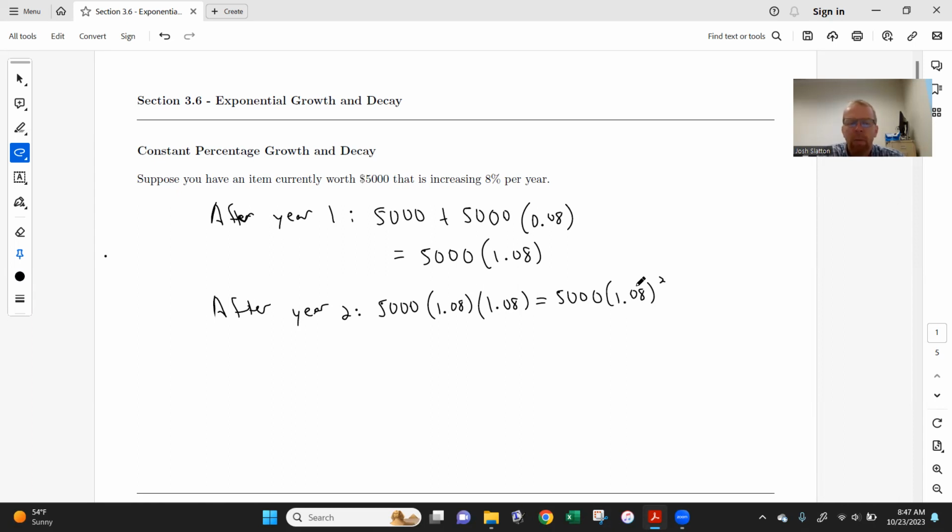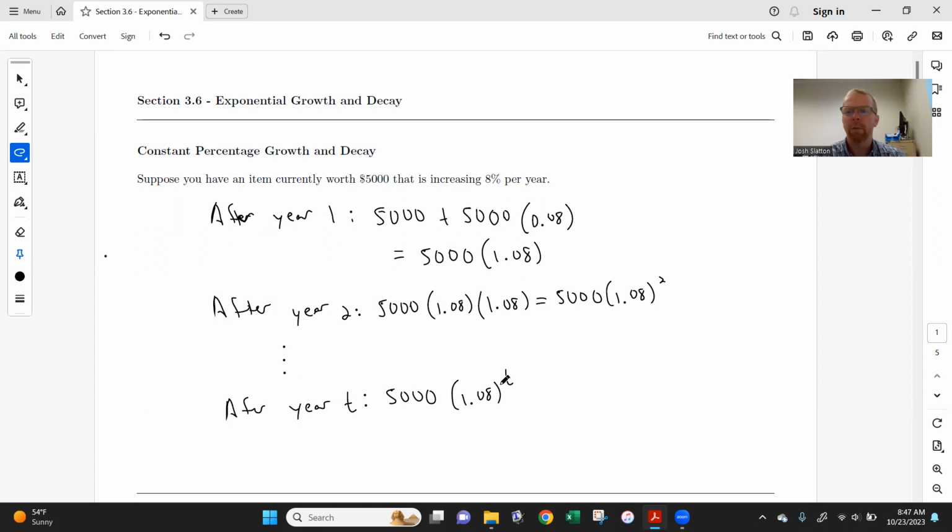If we did it again, after year three, it would be 5,000 times 1.08 to the third. And whatever year we're in, we just continue the process. After year t, the item is worth 5,000 times 1.08 to the t.